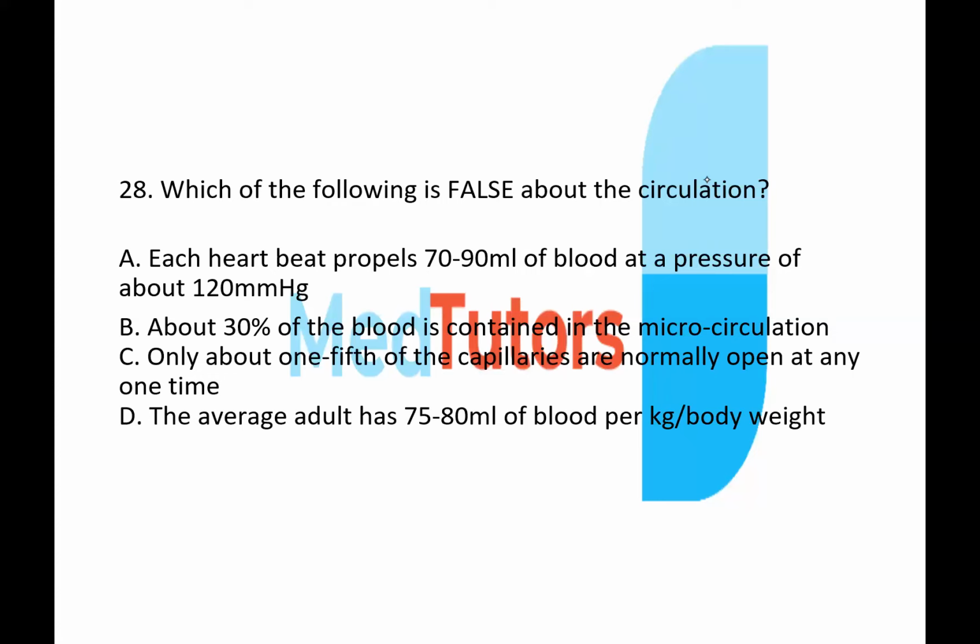About 30% of blood is contained in the microcirculation. It's 20%, not up to 30%. Only about one fifth of the capillaries is normally open at any time. That is correct. The average adult has 75 to 80 mils of blood per kilogram body weight. That is correct.